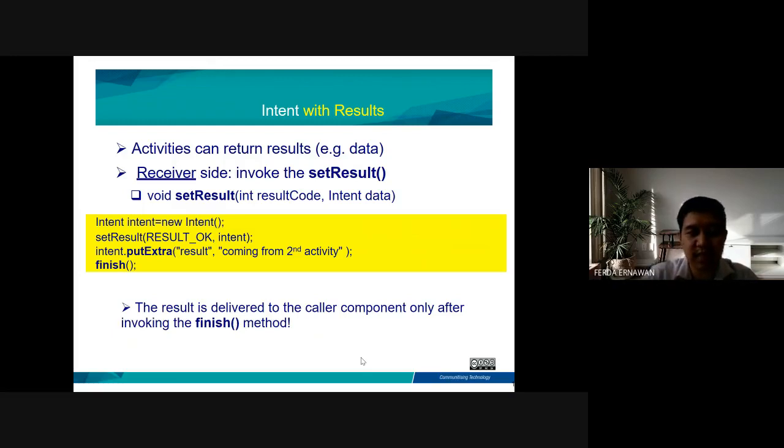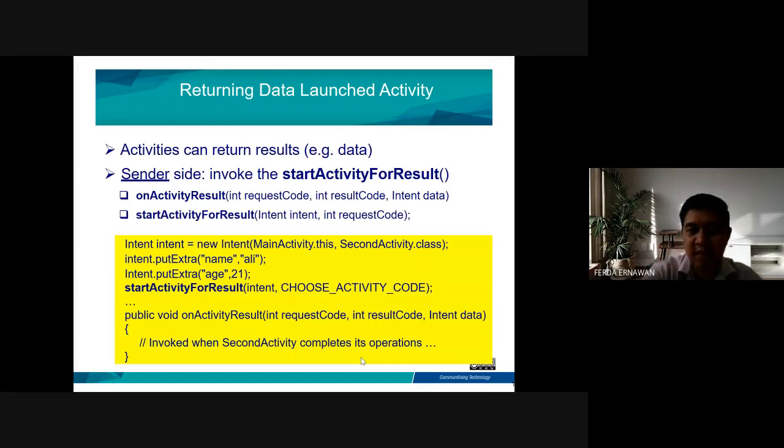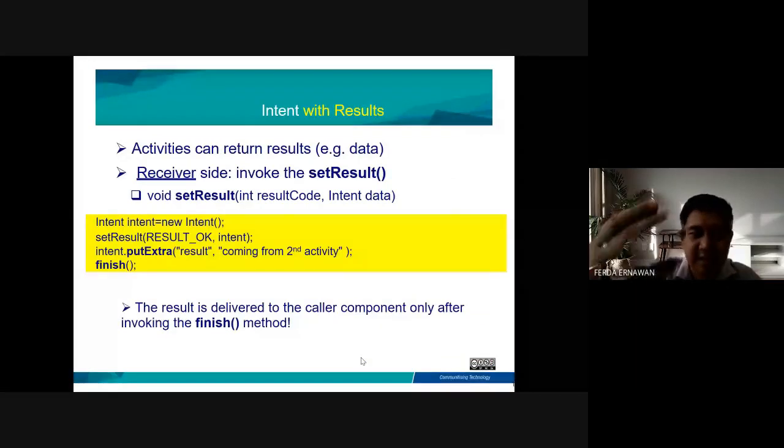to the first activity. So this is the syntax in the second activity. This is for the first activity. Remember here, first activity, startActivityForResult. So you pass a value and then you are requesting the return value. And this is the second activity.